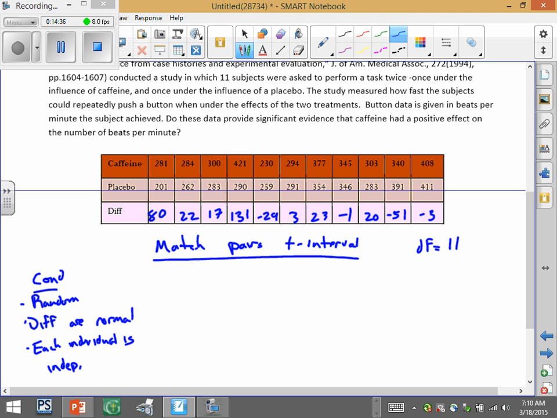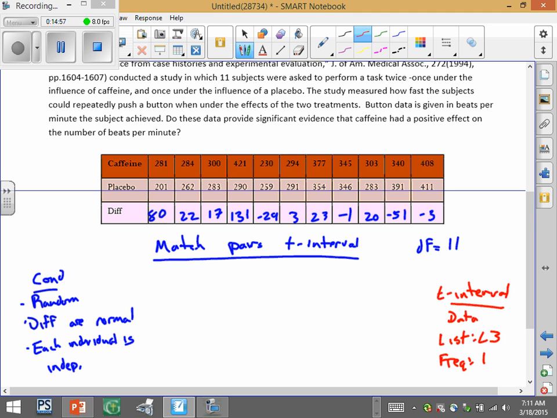So if we go to our test, we're going to do a t interval. Over here in red, we're doing a t interval. We're using data. We're going to use list 3, again the difference list, with a frequency of 1.